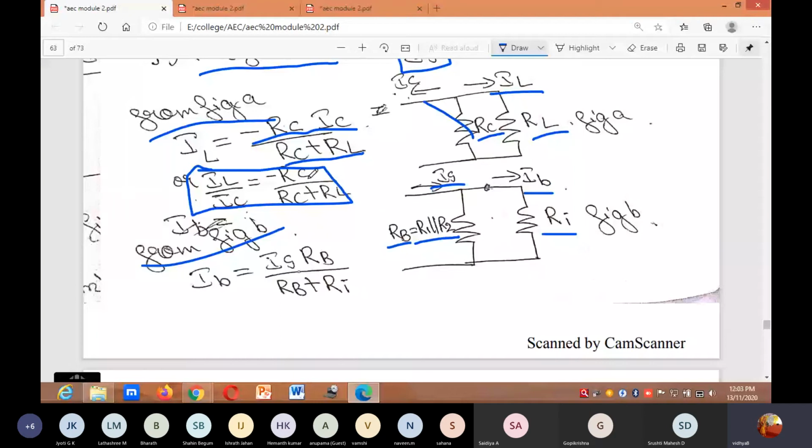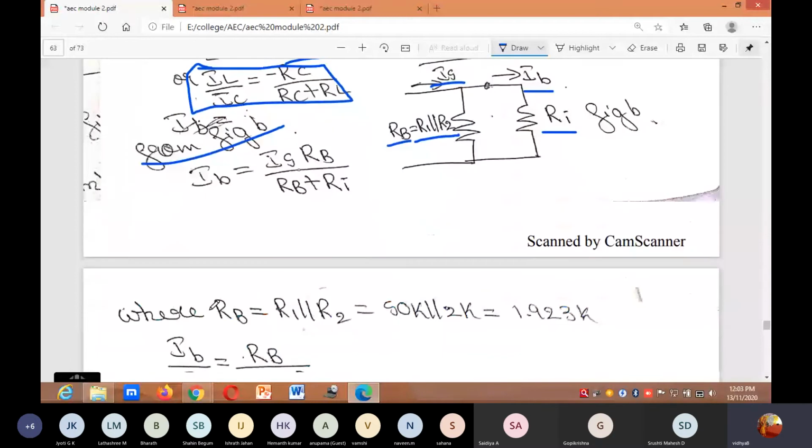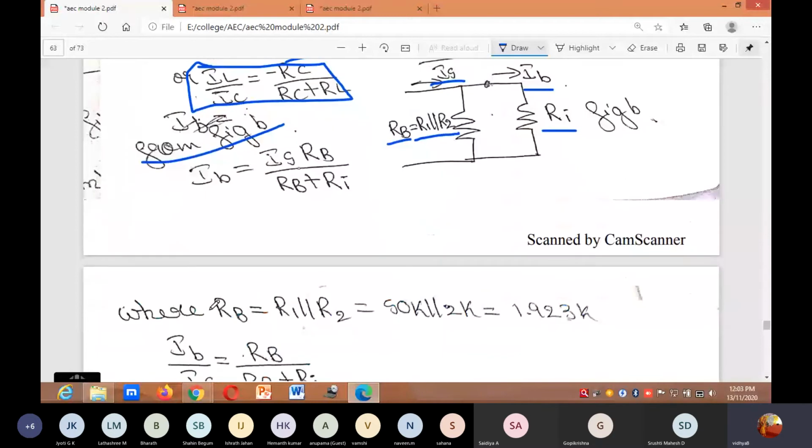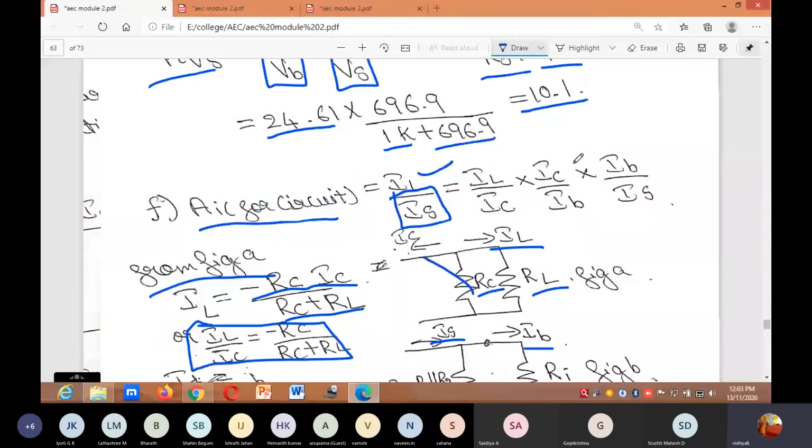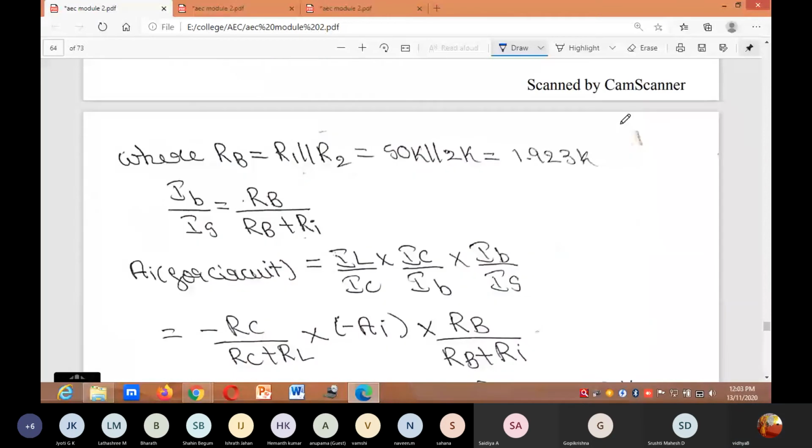From figure A, what we have written: IL divided by IC is equal to minus RC divided by RC plus RL. From figure B, IB divided by IS is equal to RB divided by RB plus RI. Now we know the values of IL divided by IC and IB divided by IS, so we know all the values. RB is nothing but R1 parallel R2.